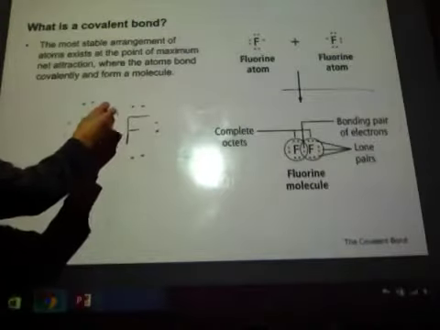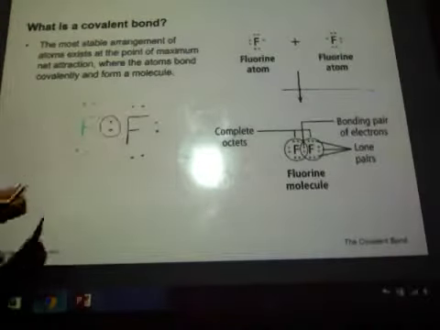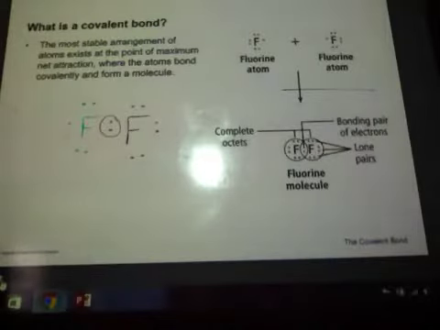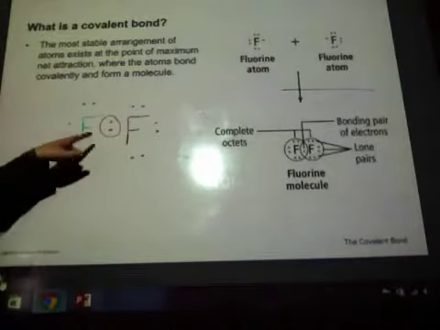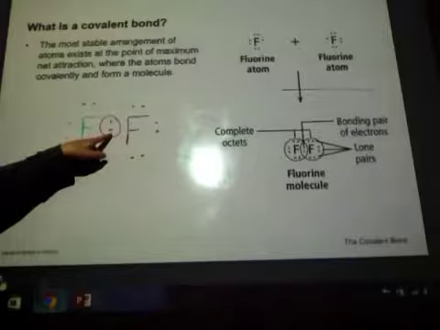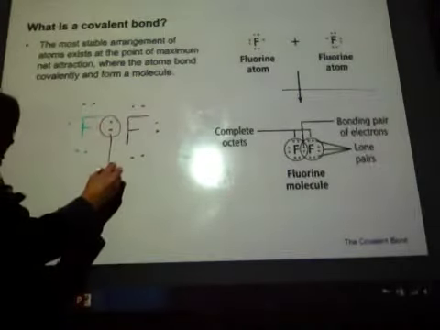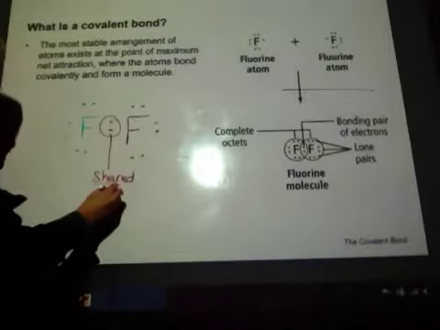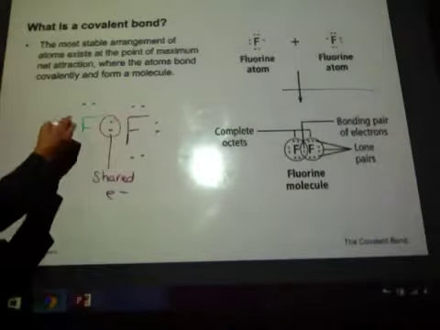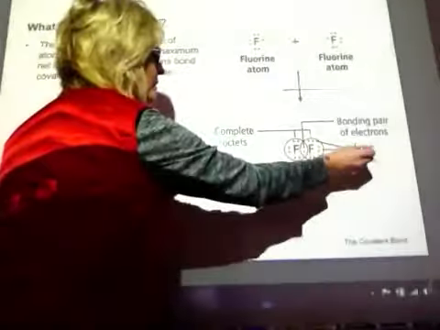And what happens then is they share those two electrons. So these electrons that are in the middle are called shared electrons. And all of these on the outside then are called lone pairs.